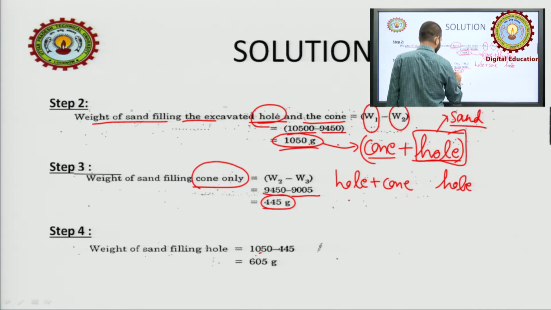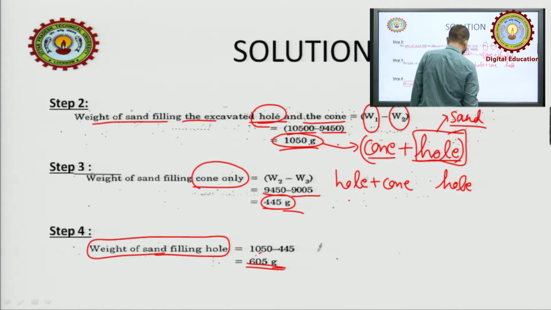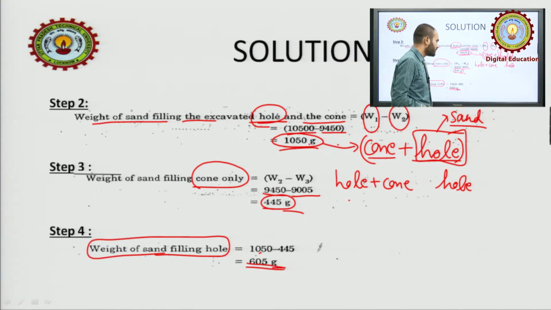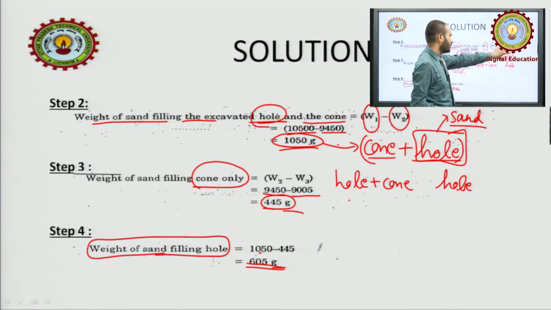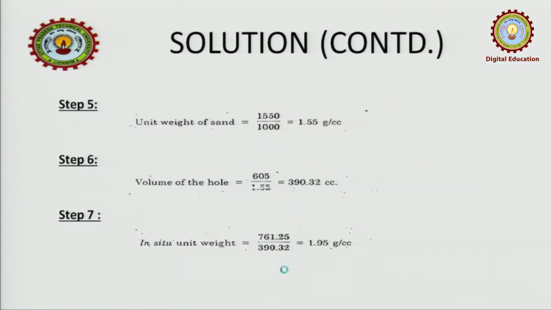So in all we can find the sand in the hole like this, 605 grams. Now we have the weight of the sand which we took to fill up the hole. Now let's move on.